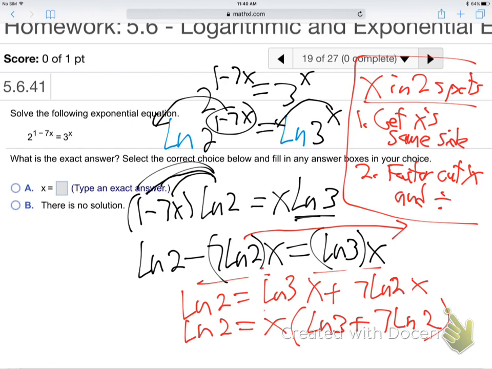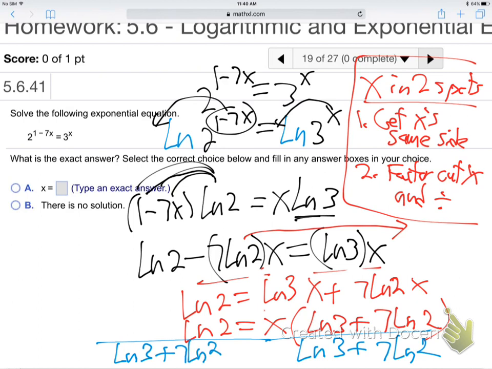I just factored out the x there. And then just divide by that whole chunk, on both sides, of course. ln3 plus 7 ln2. Boom. So this, all of this big mess, is the answer. That's a hard one.